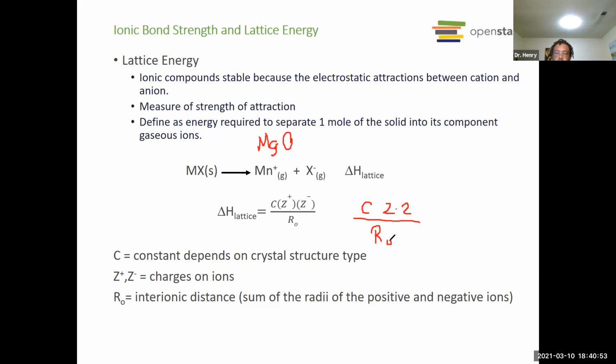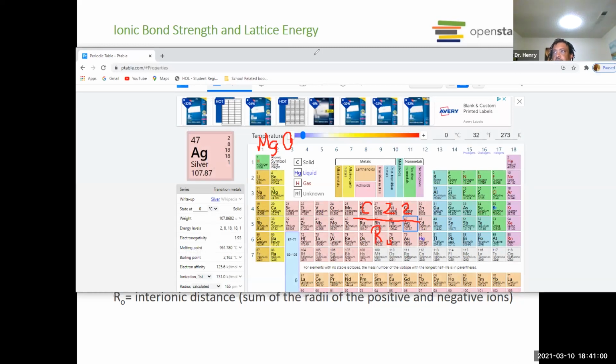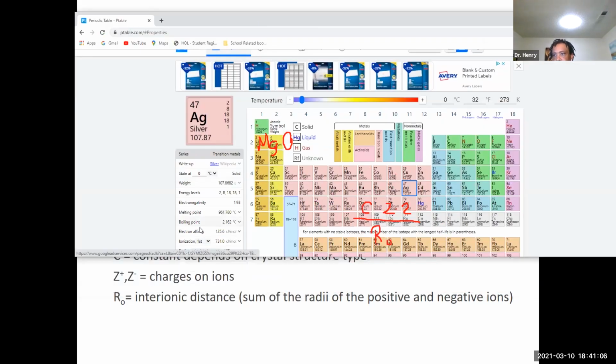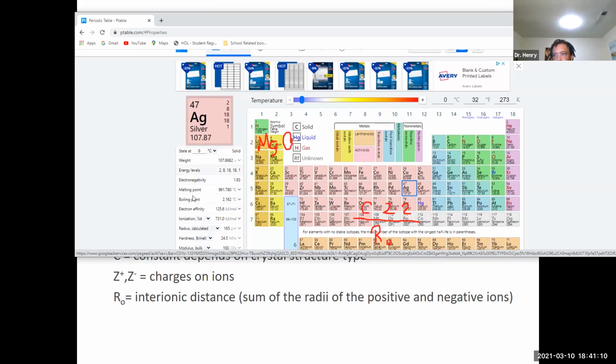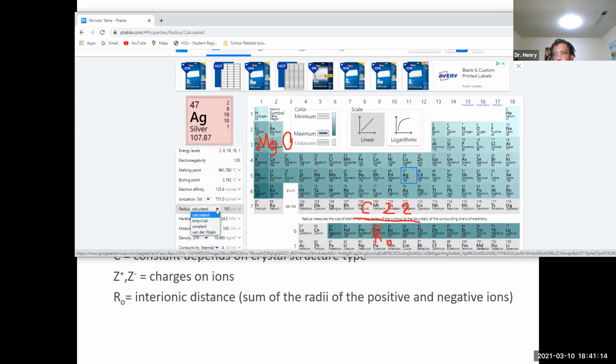To calculate R naught, you can use the periodic table for a rough estimate. We have our calculated radius.